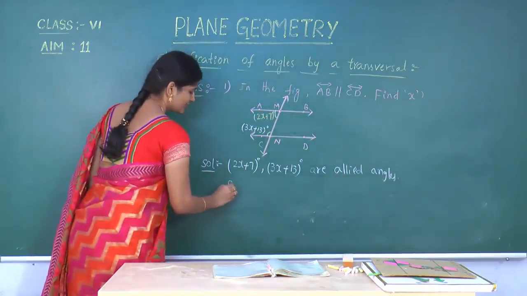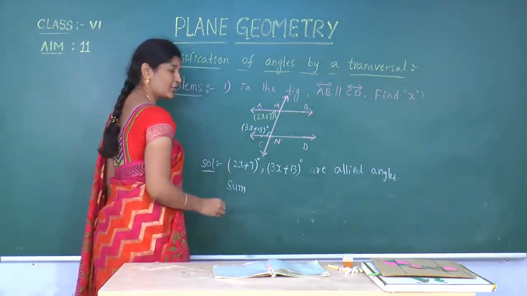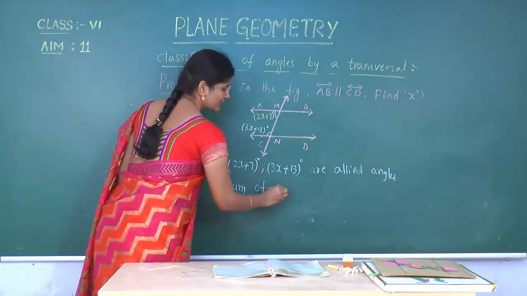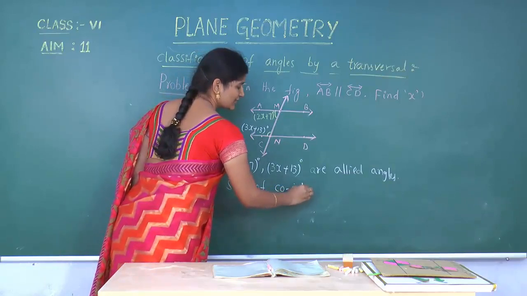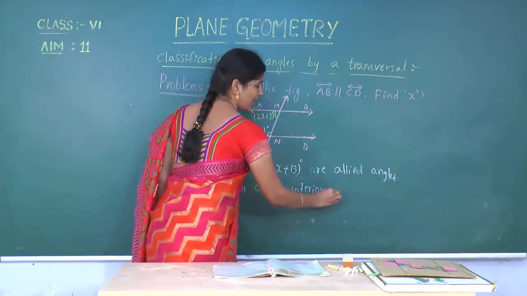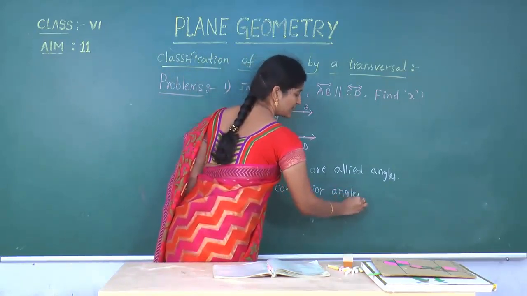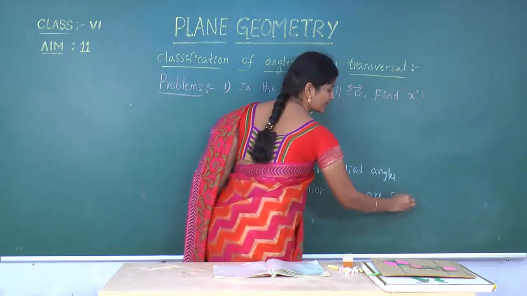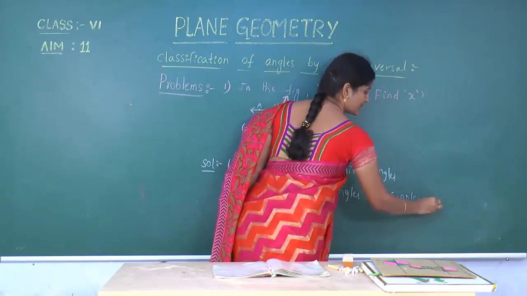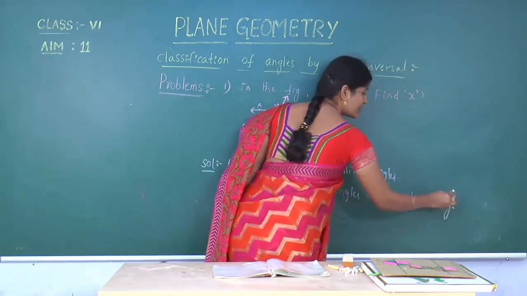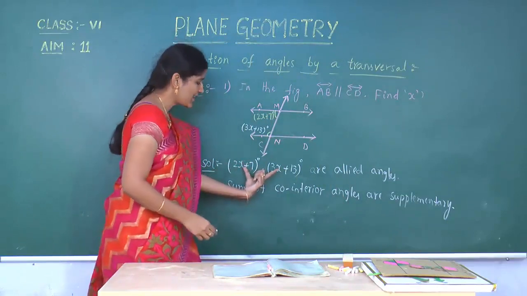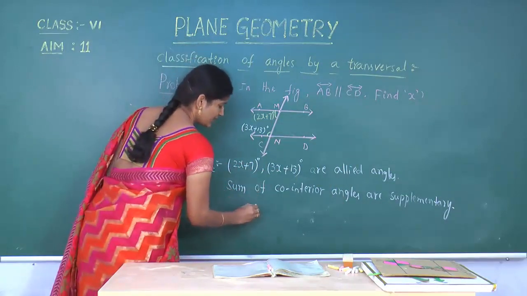Sum of allied and co-interior angles, both are same. Sum of co-interior angles are supplementary, which means 180 degrees. Now let me add these two angles.